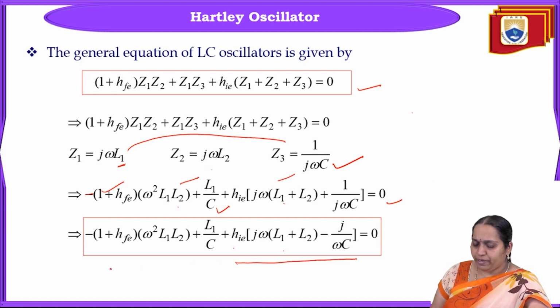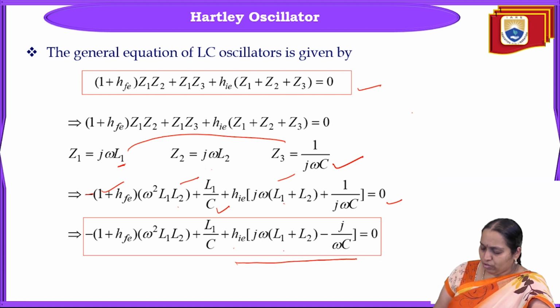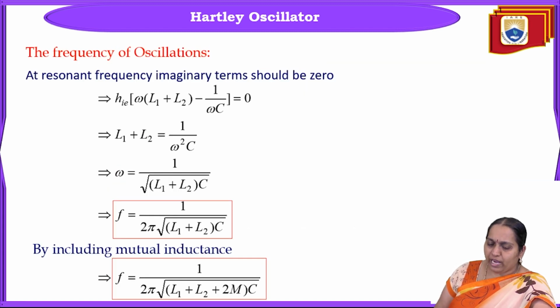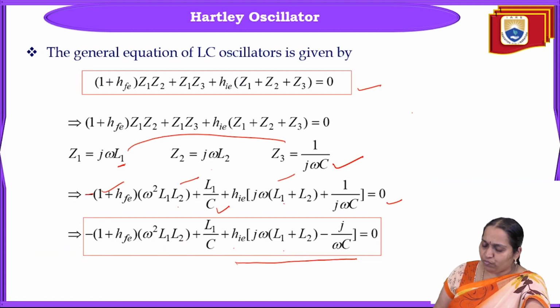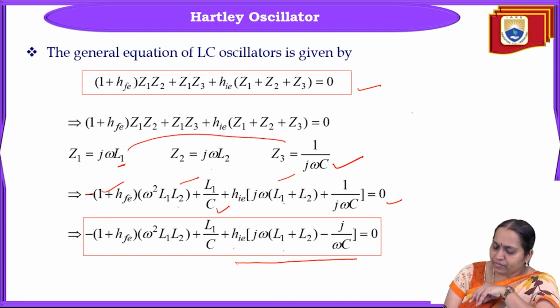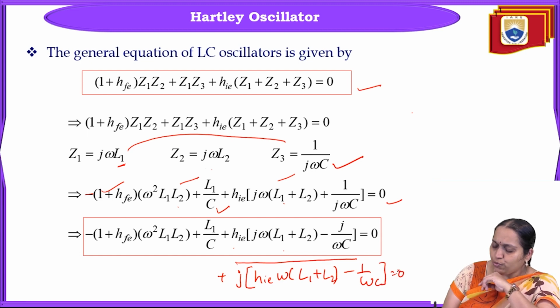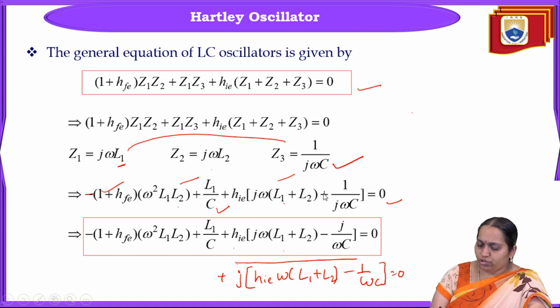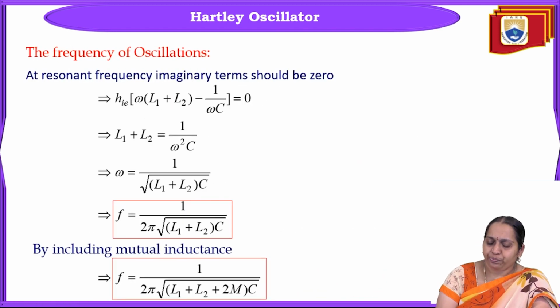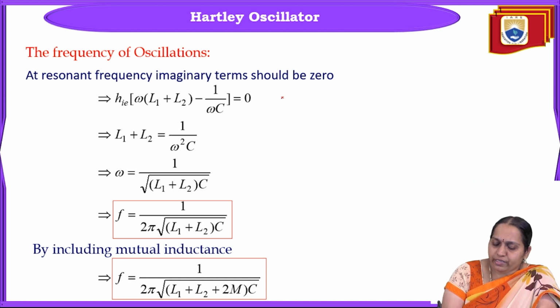So if the imaginary part is equal to 0, taking J common, we write J into HIE, omega into L1 plus L2 minus 1 by omega C, equal to 0. This will be the imaginary part.